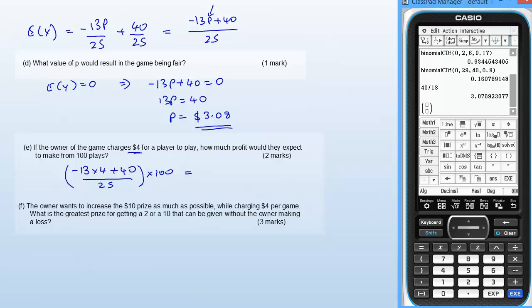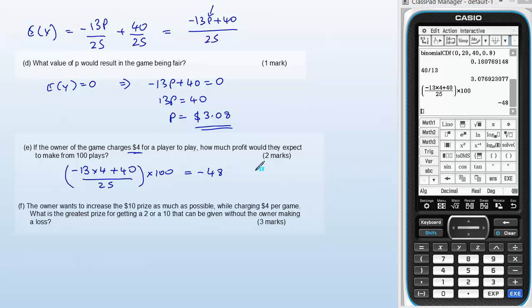So we've got negative 13 times 4, add 40, over 25, multiply that by 100, that's negative 48. So they would expect to win 48. Remember, this is from the point of view of the player, so they would lose 48.